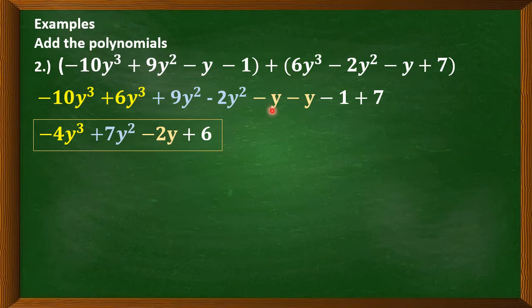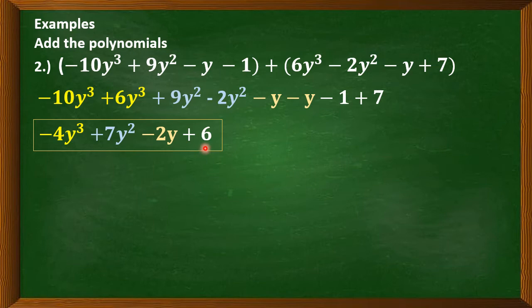Remember that negative y has a numerical coefficient of negative 1. That's why we have here negative 2y. And lastly, for the constant term, negative 1 plus 7, we have positive 6. So our final answer here is negative 4y cubed plus 7y squared minus 2y plus 6.